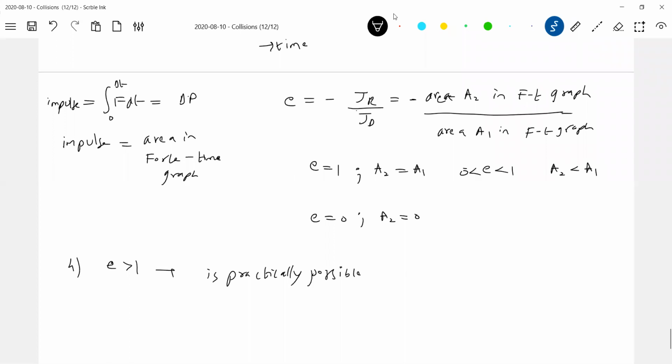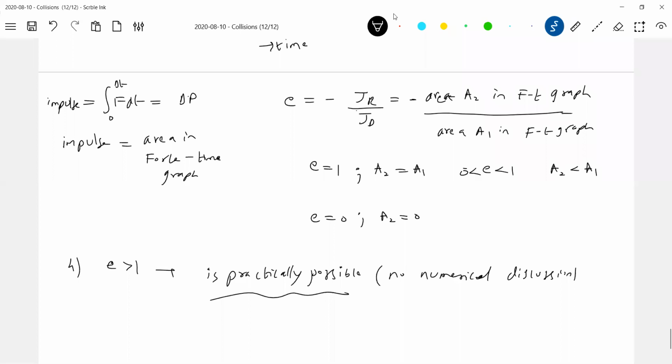We don't discuss any numericals on this because it's an experiment and it's not in our syllabus, so just leave it. Theoretically, if they ask you, e can be greater than 1 also.